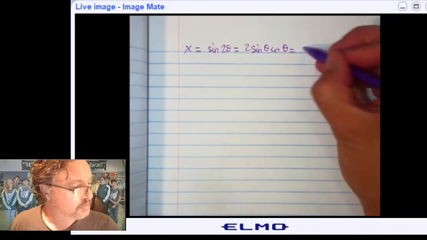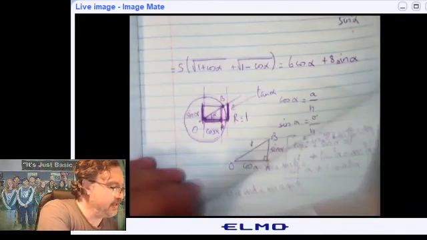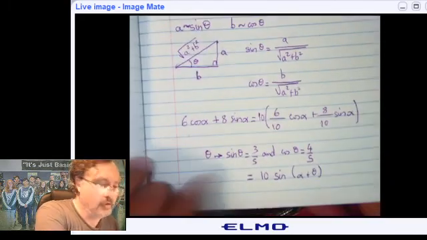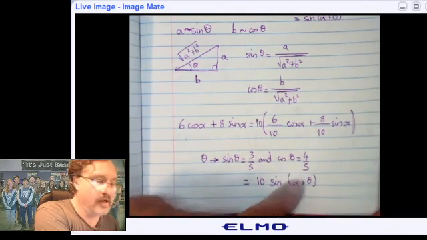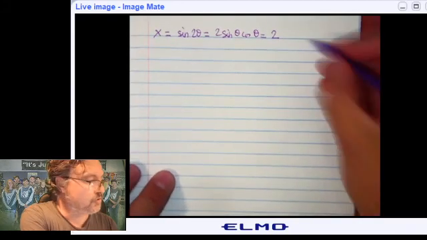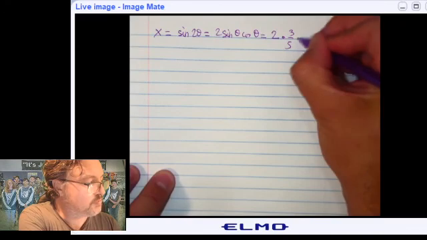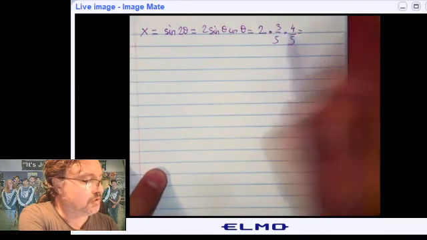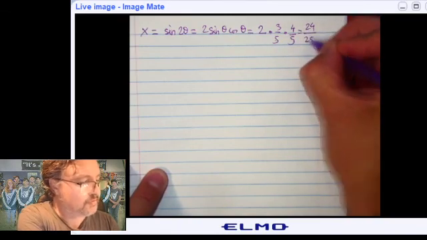And if you recall, sine theta and cosine theta were completely defined at the beginning of the problem right here. Sine theta was 3 over 5, cosine theta was 4 over 5. So you're going to be having 2 times 3 over 5 times 4 over 5. 2 times 3 times 4 is 24. 5 times 5 is 25.